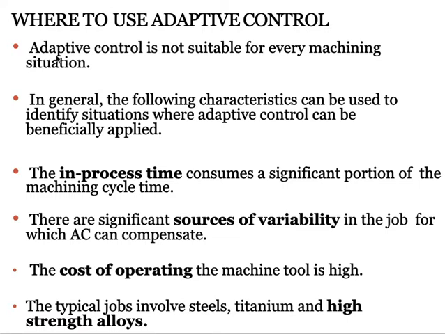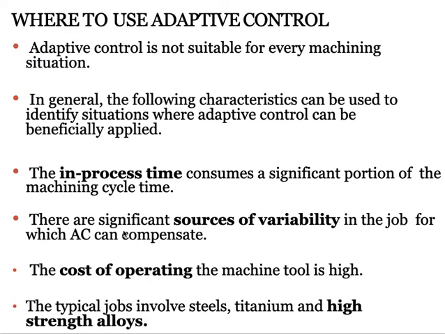And this is what we are saying here: adaptive control is not suitable for every machining situation. In general, the following characteristics can be used to identify situations where adaptive control can be beneficially applied. That is, the in-process time consumes a significant portion of the machining cycle, that is, a portion of the total production time, right?